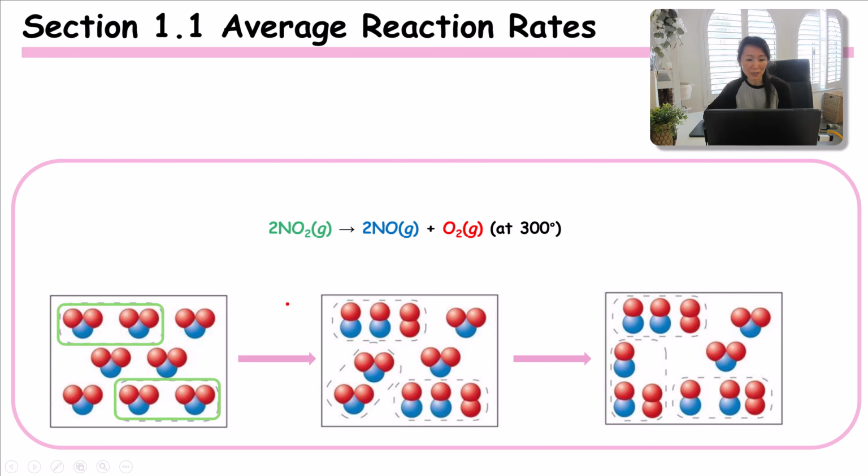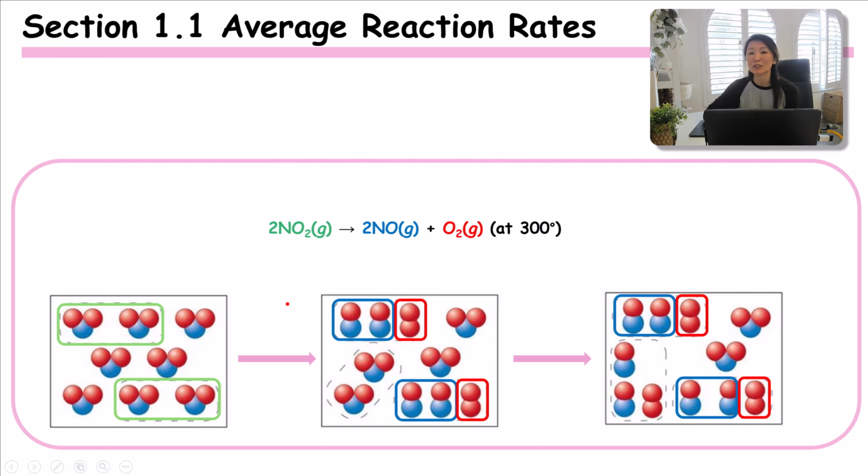So here is my nitrogen dioxide forming into nitrogen monoxide and oxygen, highlighted in blue and red, respectively. And you see another one. Here's another nitrogen dioxide forming into nitrogen monoxide and oxygen gas.